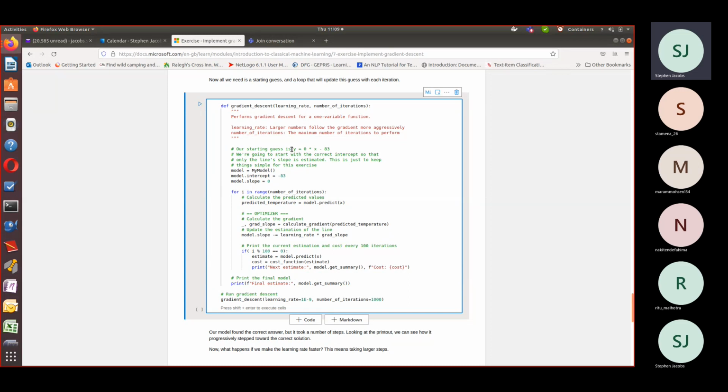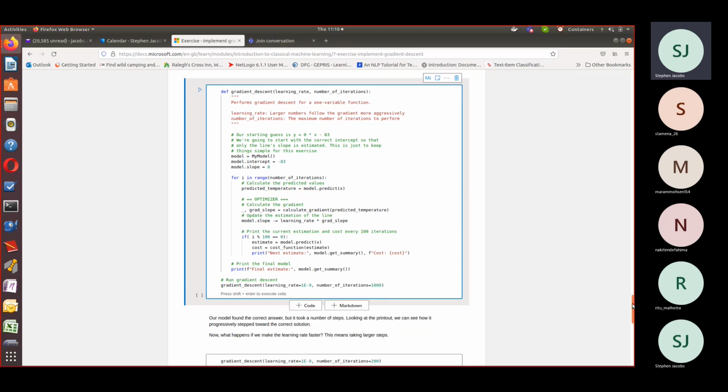We're going to start with the correct intercept so that only the line slope is estimated. This is just to keep things simple. So we're going to say that 83 is the right value, and given that value, we can now try and find the gradient. We fix the intercept at 83, and then we see what kind of slope we can learn and train to.